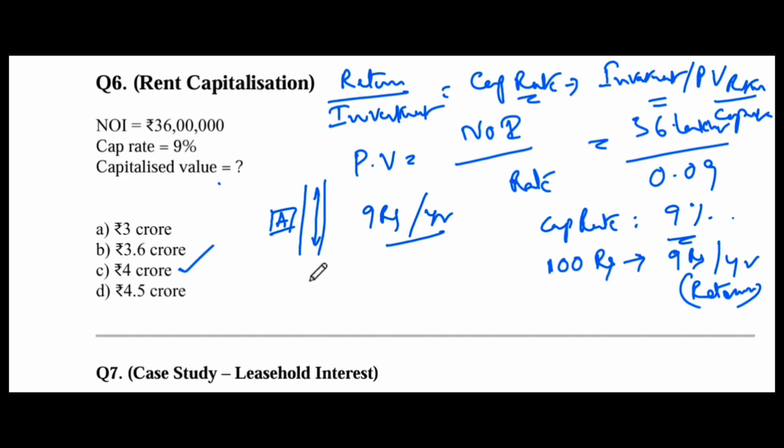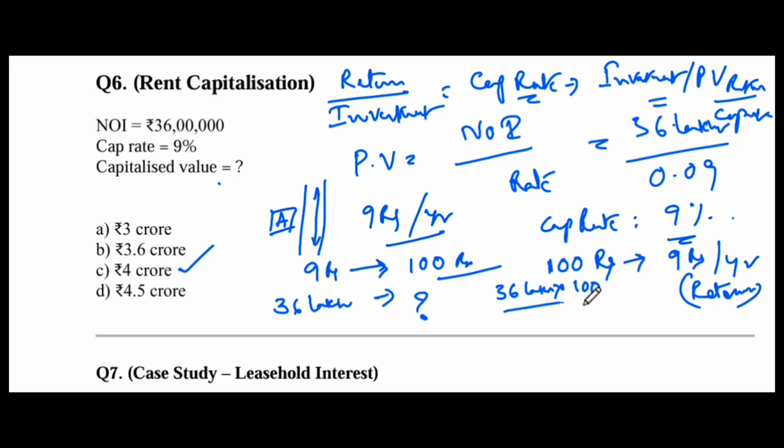So in this question he has given 36 lakhs. For a 9 rupee return, the capitalized value would be 100 rupees. What is the capitalized value of the property for 36 lakhs? 36 lakhs into 100 divided by 9. This will be how much?